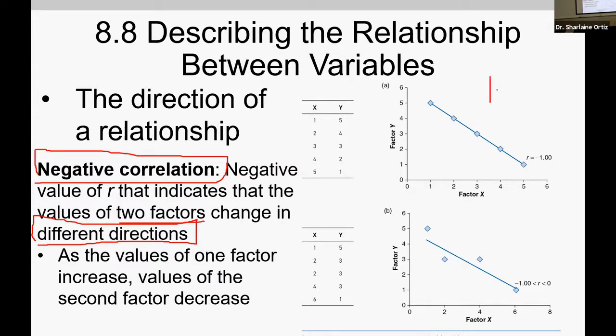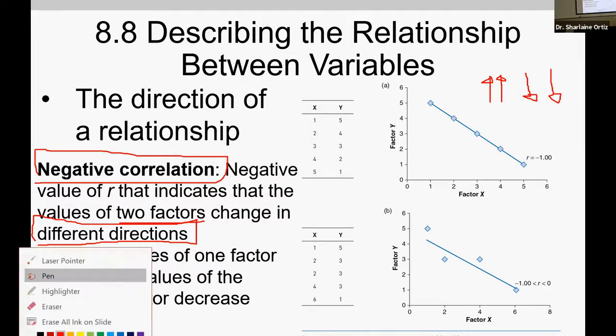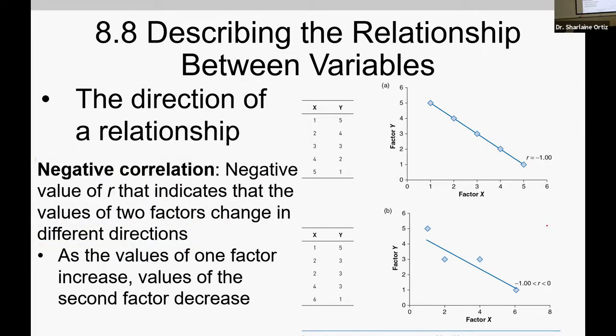So before, with both factors, if one went up, the second one went up; if one went down, the second one went down. However, in the case of a negative correlation, if one factor goes up, the second factor will go down. A good example, for instance, was that of your grades.